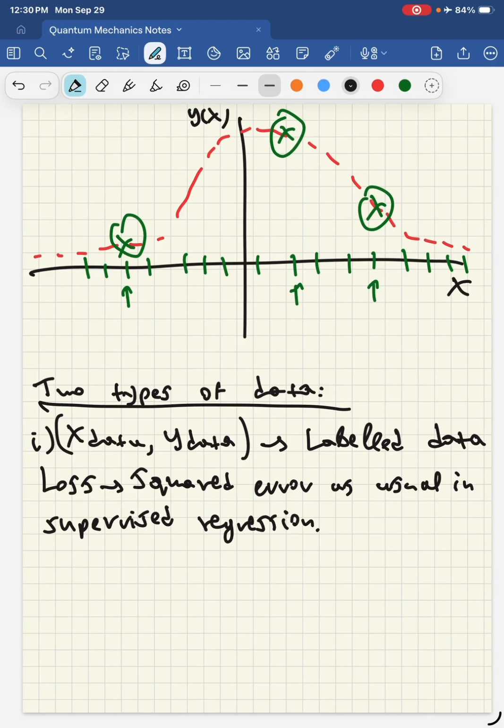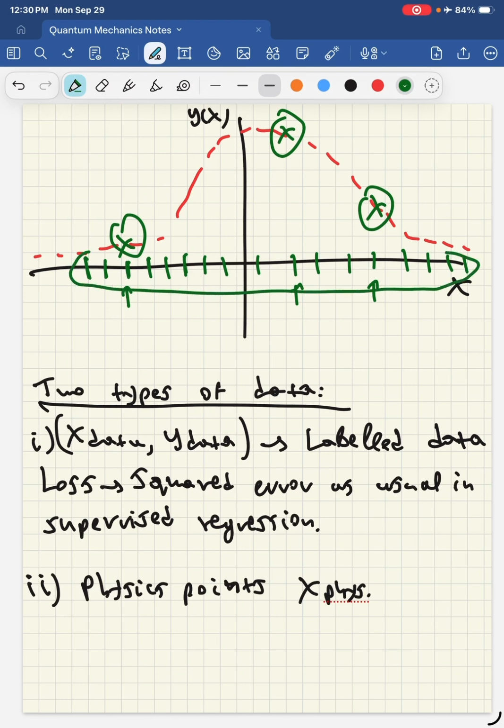Okay, and the second type of data is physics points. So physics points, which we will call xphys, xphysics, and this is nothing but those intervals that I wrote here, that I drew, sorry, on this plot. So these points, this will be your xphys, the physics points. So you only know x in this case, you don't know y at all, okay?